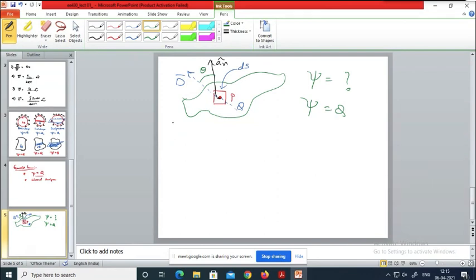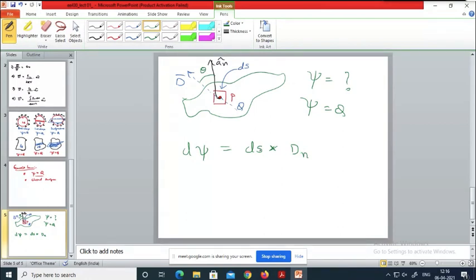The flux density at point P is the vector D, and as I have said, it is making an angle theta with the normal direction at point P. So d psi is the flux passing through the surface ds, which is nothing but the product of the surface area and the flux density which is normal to the surface ds.